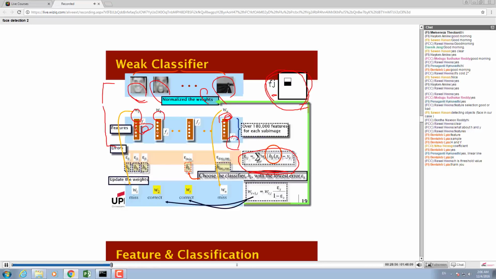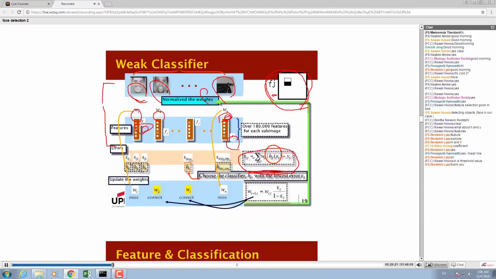This sum is working with index I, so HJ is not changing. HJ is given with FJ fixed to calculate one error. And then WI, XI, YI are changing.